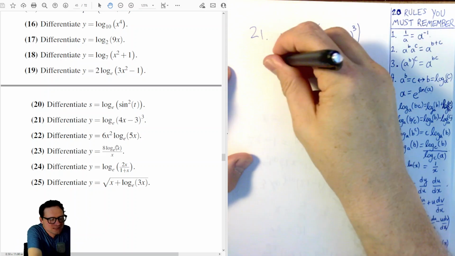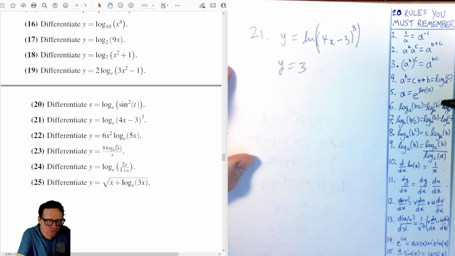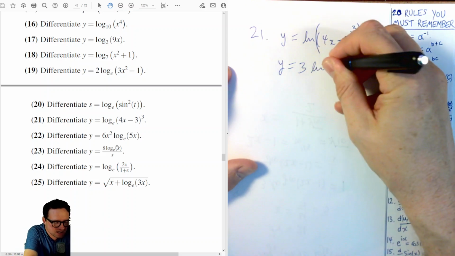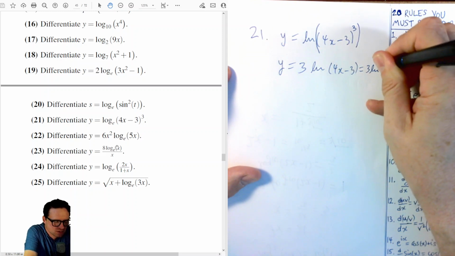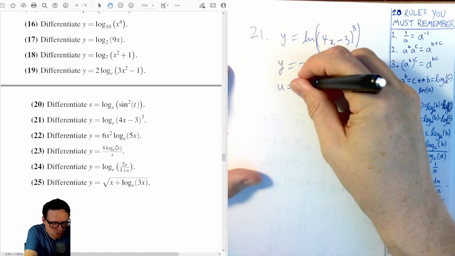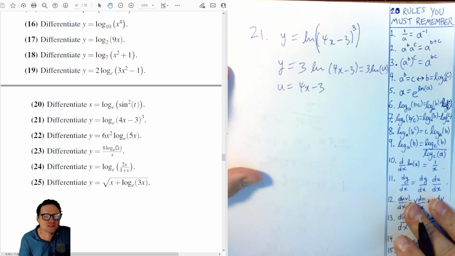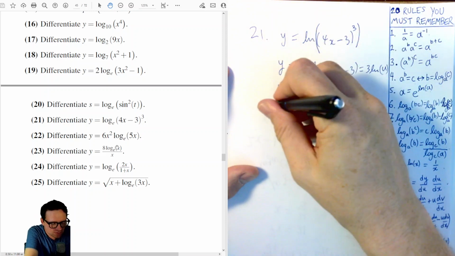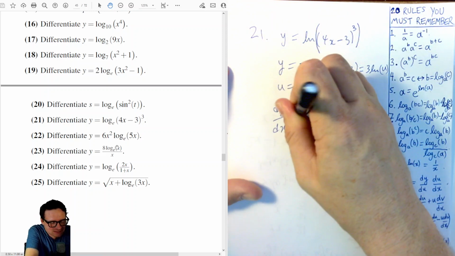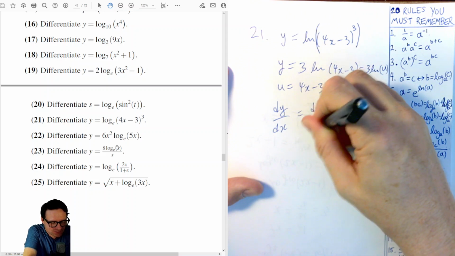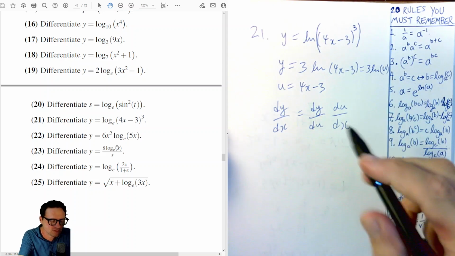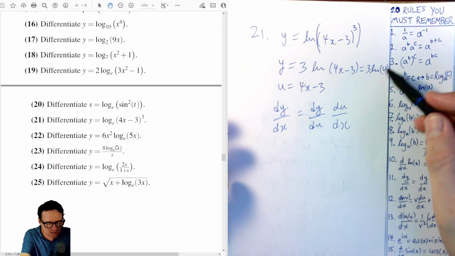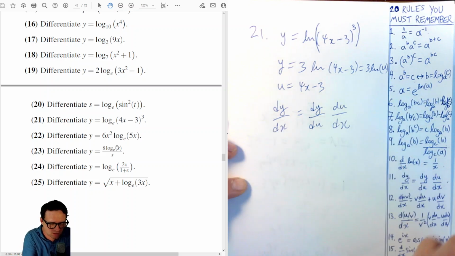All right, so we can say then that y is equal to 3, using rule number 8, 3 ln of 4x minus 3, which is 3 ln of u, where u is 4x minus 3. Okay, now using the chain rule, dy on dx is dy on du times du on dx. So here y is 3 ln u, so let's let the 3 come through the operator.